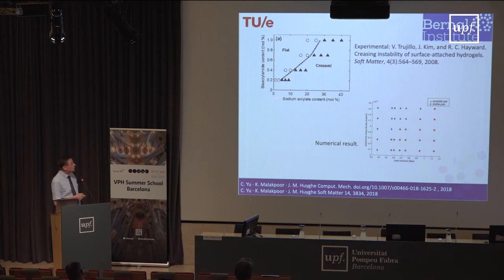You can plot the swelling propensity against the stiffness, and then you get one side of the curve where there is surface instability and the other side where there is none. And the same thing with the numerical result, stiffness versus swelling: one side is unstable and the other one is not.